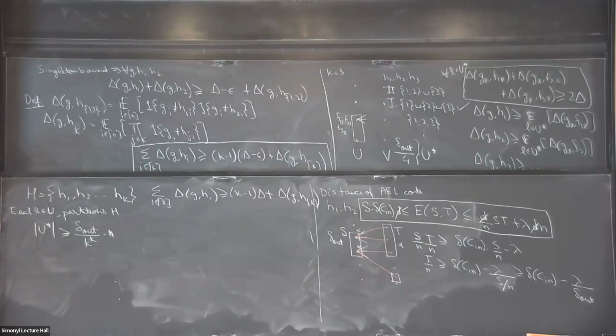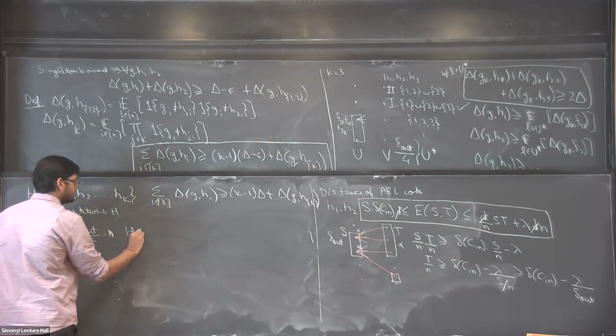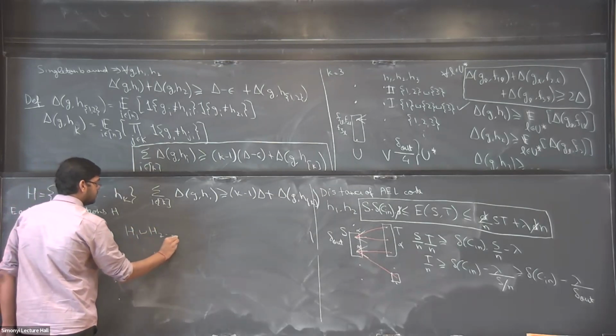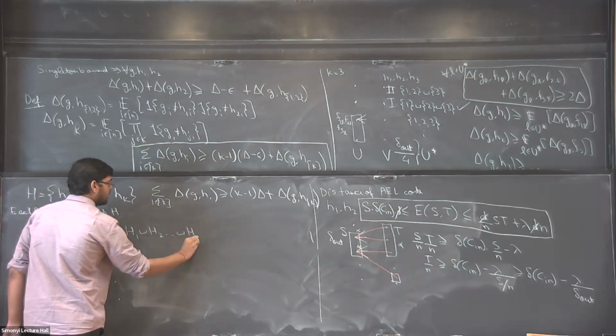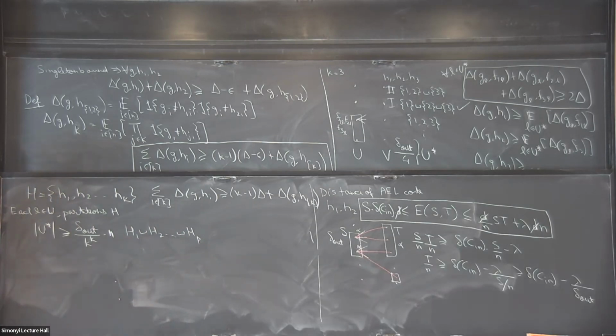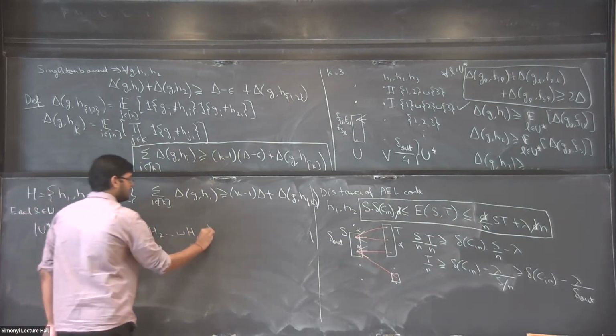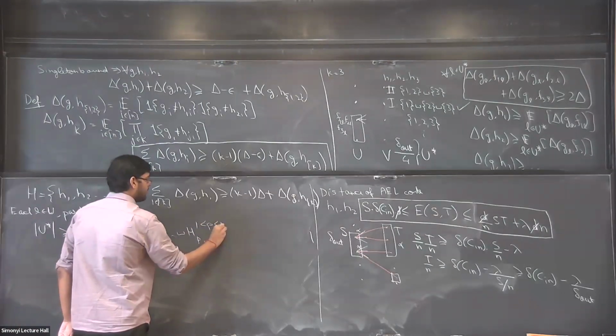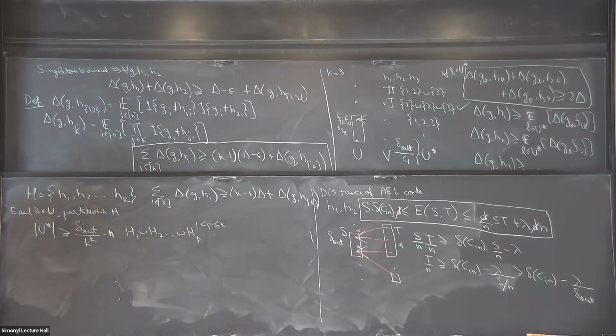So that's k to the k in general. And let's say this partition is H1, H2, HP, where P is between 2 and k.